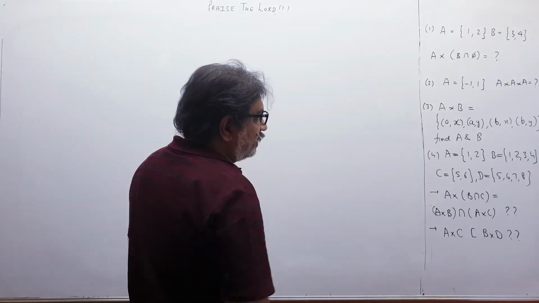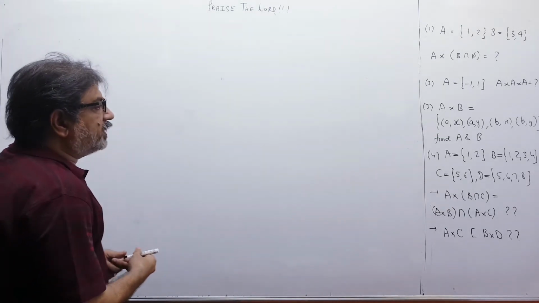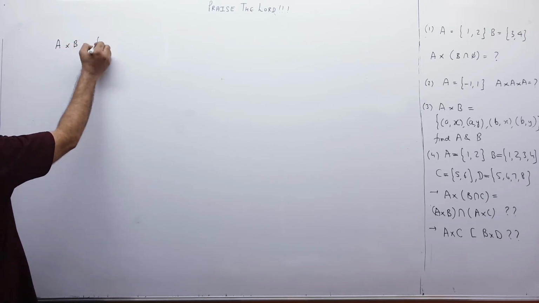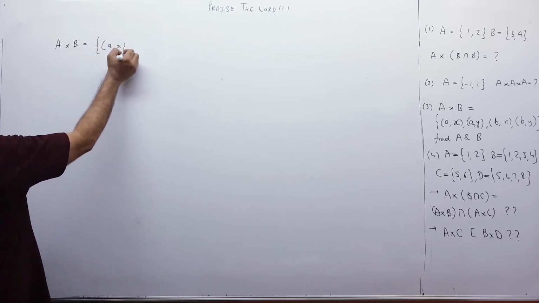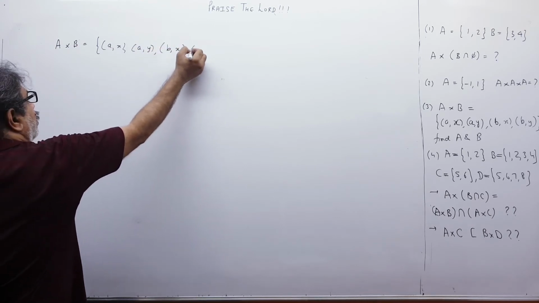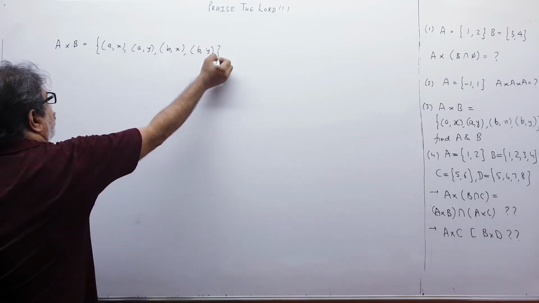The next we have got C. A cross B is given to be AX, AY, BX and BY.